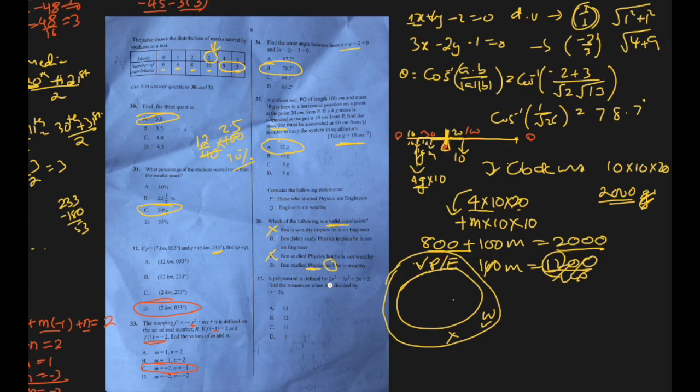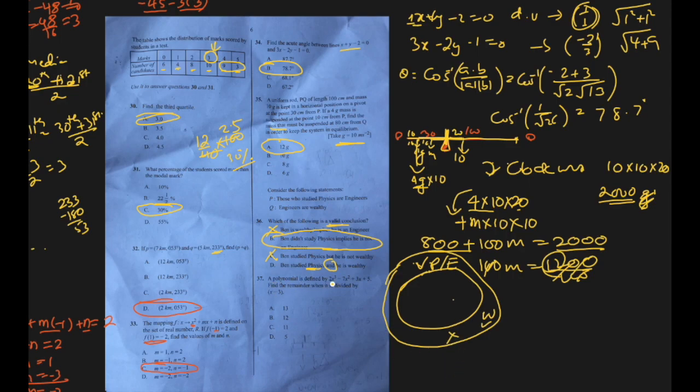It's not necessary that he studied physics and he became wealthy. He could have become wealthy otherwise. So B seems to be more valid than D. So B will be the answer.